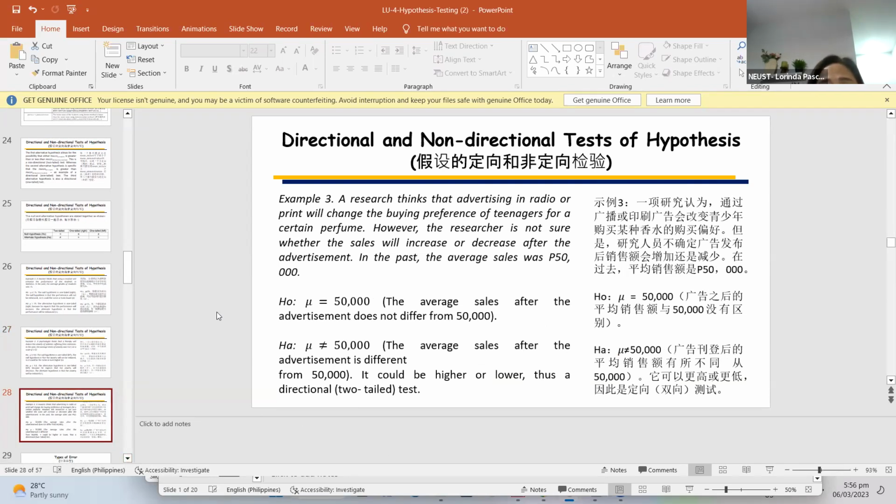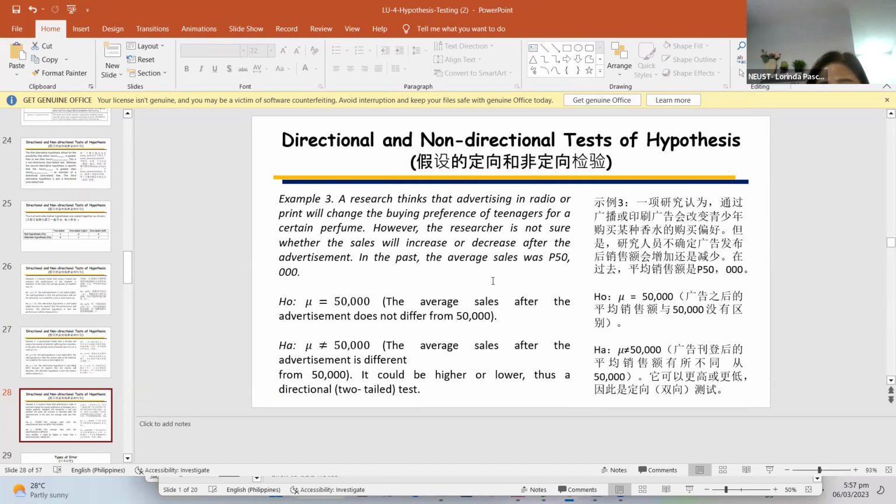A researcher thinks that advertising in radio or print will change the buying preference of teenagers for a certain perfume. However, the researcher is not sure whether the sales will increase or decrease. O eto, wala kang assumption dito kasi hindi mo alam kung ano yung magiging effect ng advertising na i-adapt ng company kung mag-advertise siya sa radio.